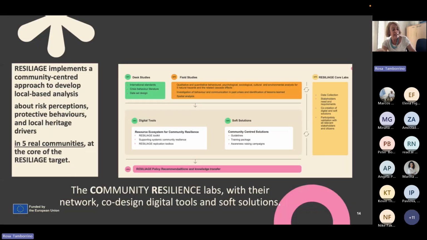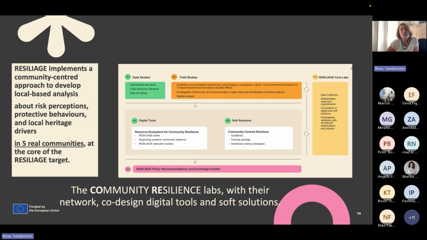And so RESILIENCE implements this community-centered approach across the overall project by considering the need to improve knowledge about risk perception, to improve protective behaviors, and to better understand local heritage drivers.